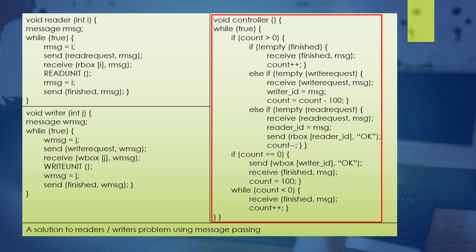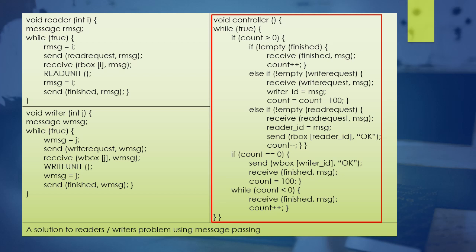There is a controller process that has access to the shared data area. The controller is equipped with three mailboxes: read request, write request, and finished. That is one mailbox for each type of message that it may receive. The controller process services write request messages before read request messages to give writers priority.